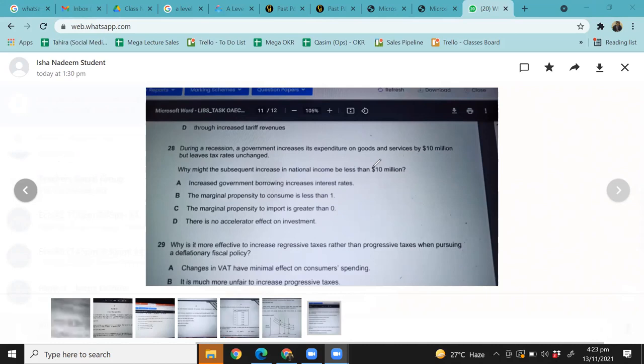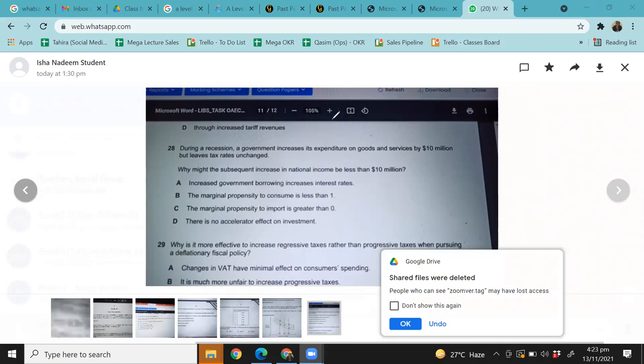Because we know the multiplier effect is always greater than 1. We did talk about this, right? But if that is not happening, what does that show?